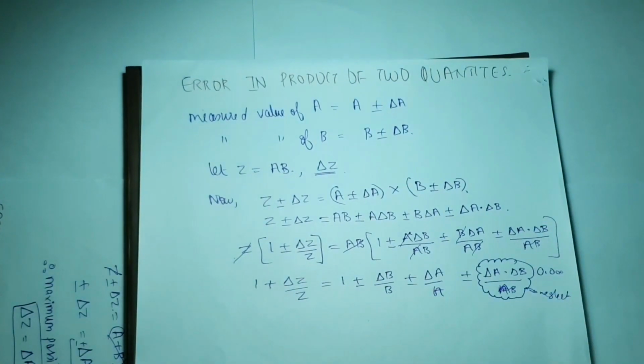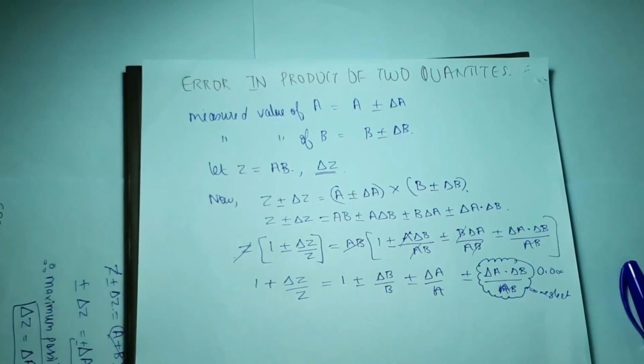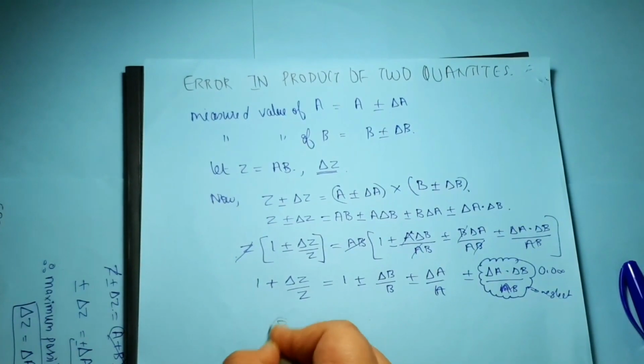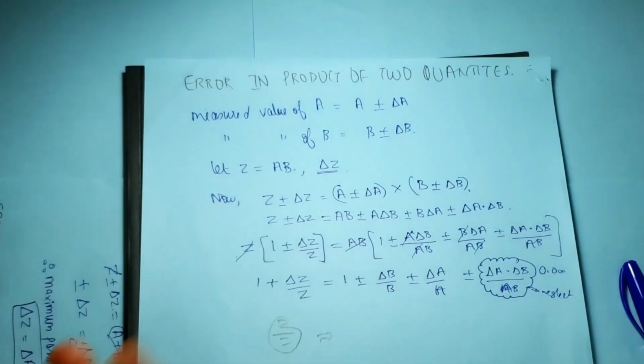Because imagine for yourself, delta A and delta B are the errors, and normally errors are very small, and multiplying errors with decimals will give you a smaller answer. Dividing by AB will also give a smaller answer because AB is a bigger number. When you divide a number, let's say 2 by 7, won't you get a small answer? Of course, because 7 is greater than 2.